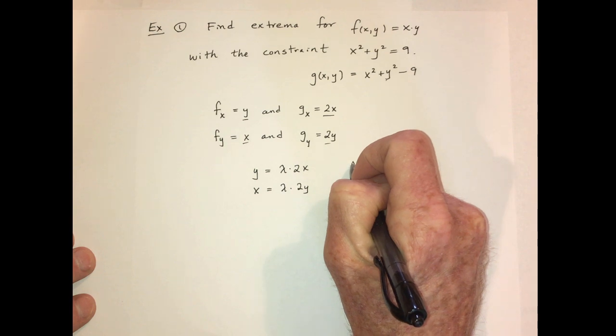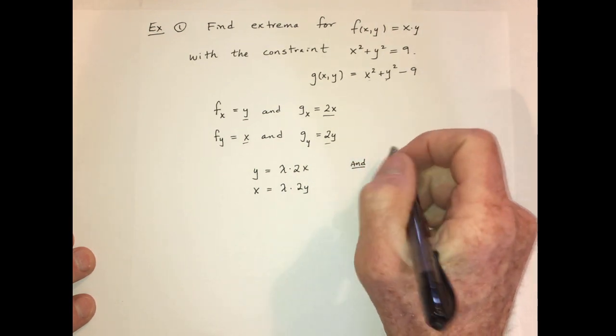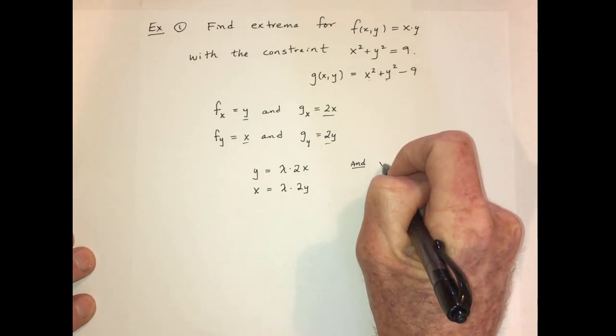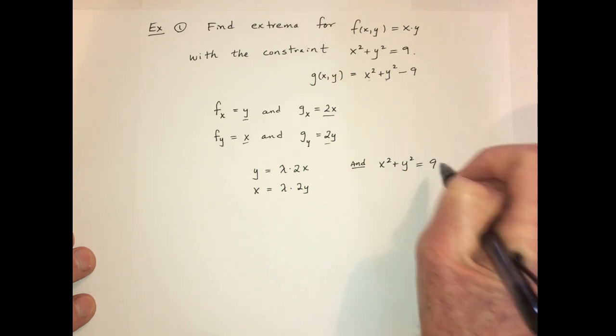And the other equation we're going to need is the constraint, x squared plus y squared equals 9.